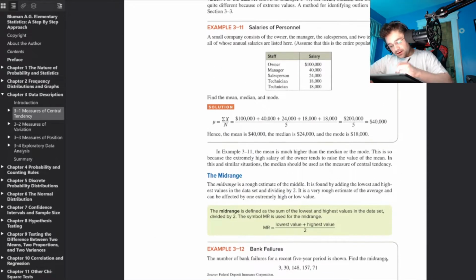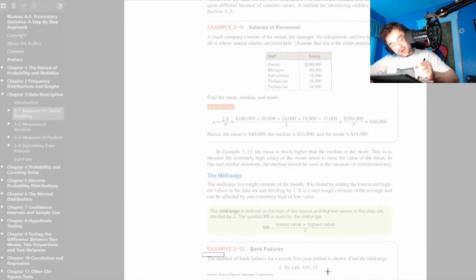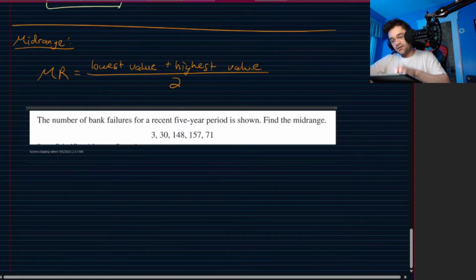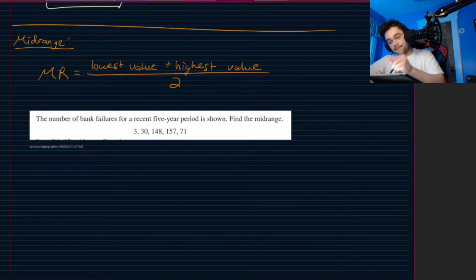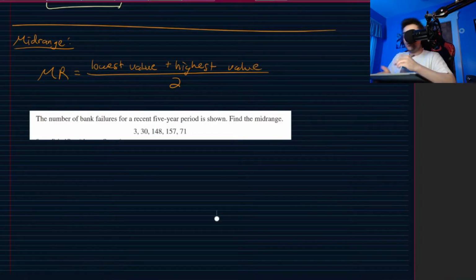So this one right here. They want us to find the mid-range for the number of bank failures, whatever that means, for a recent 5-year period. So remember, mid-range is the average of the low and high values.